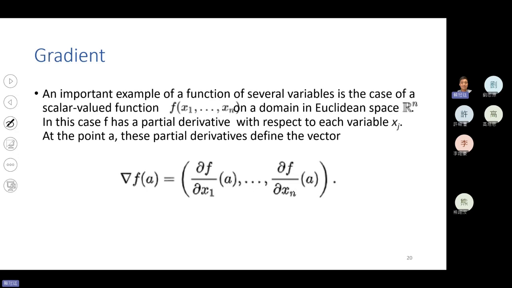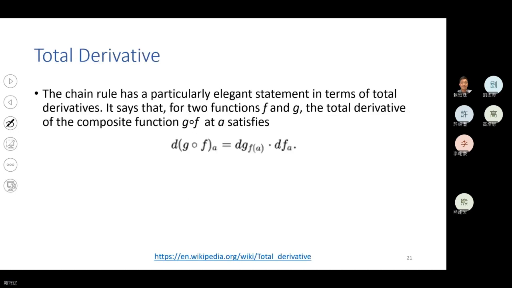It can do partial derivative to variables one by one. In fact, the chain rule has a particularly elegant statement. It says that the total derivative of the composite function can be the multiplication of partial derivatives. But I will omit the details. You can read the Wikipedia.